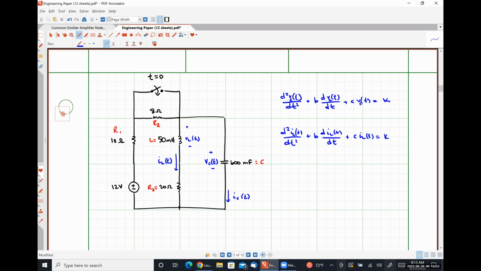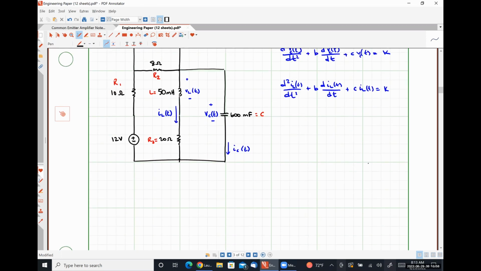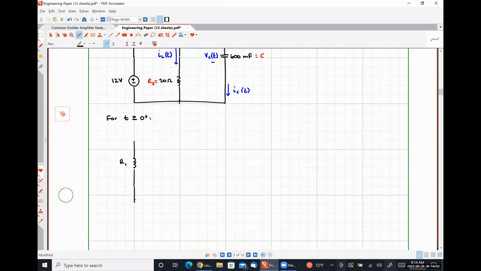Okay. So for t greater than or equal to 0 plus, our circuit is going to look like this. When my switch closes at t equal to 0, it shorts out the 8 ohm resistor.